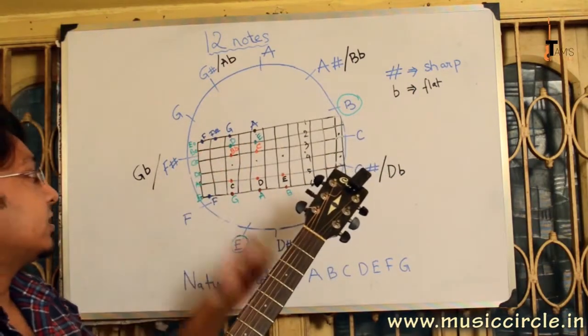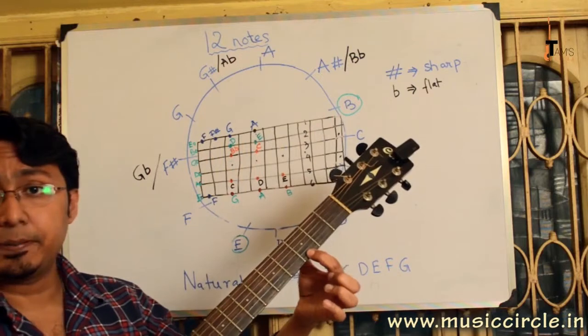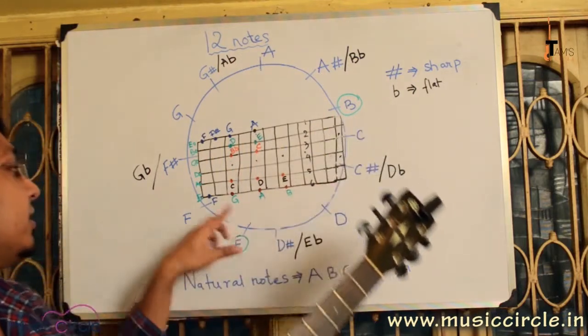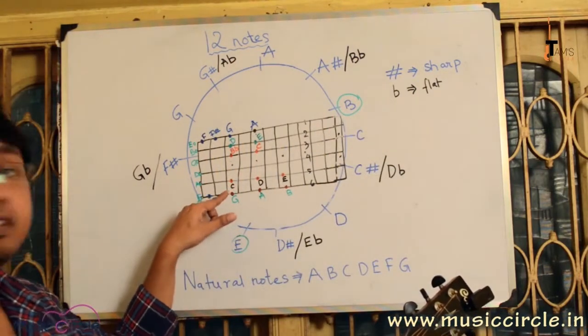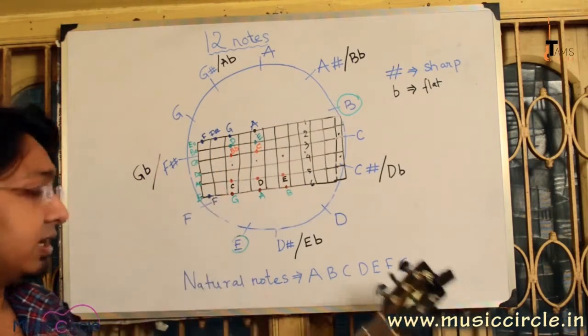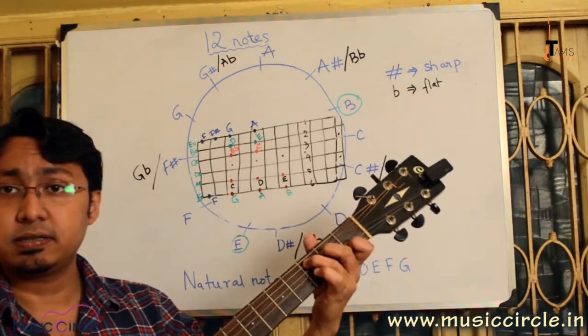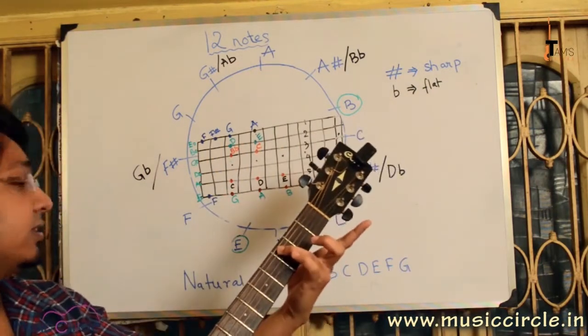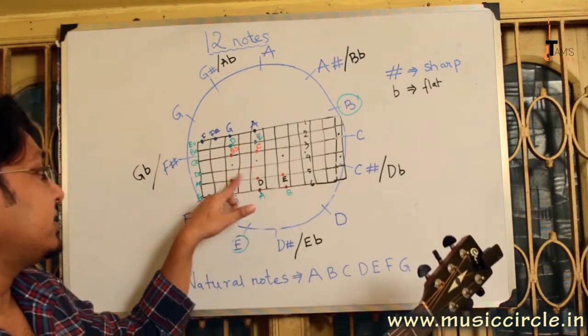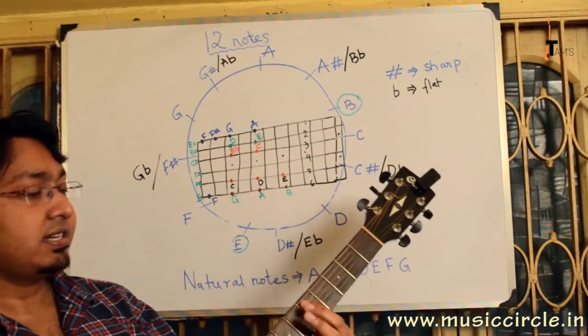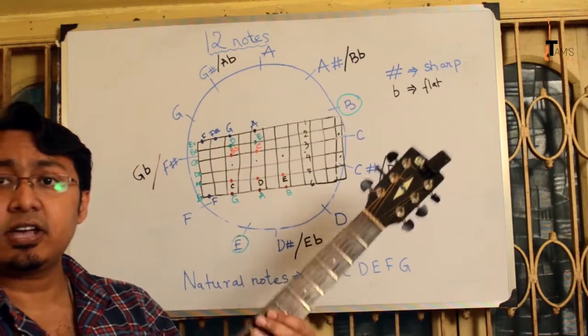Then G, the third fret, first string is here, okay? Similarly, the C note that you can see here is fifth string, third fret, this is here, okay? This one.